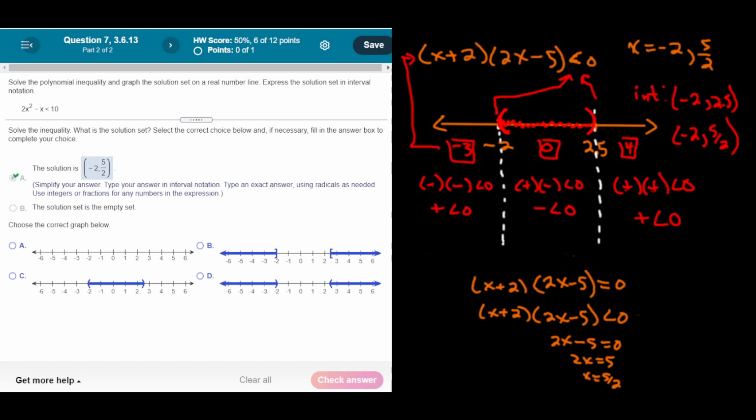See the importance of putting 2.5? It could be that. Oh, no, it's not, because we have a shade in the middle, not on the ends like that. So it's this one. Yeah, -2, 2.5. That's it.